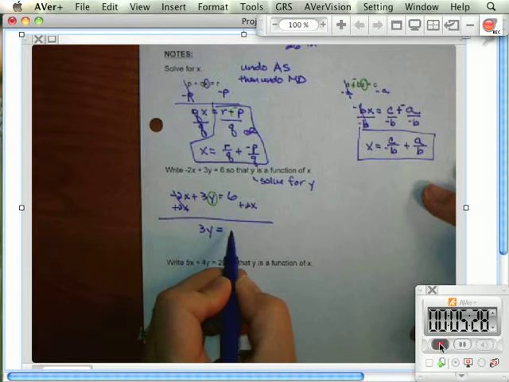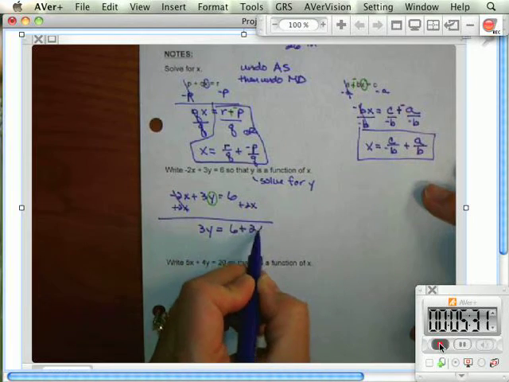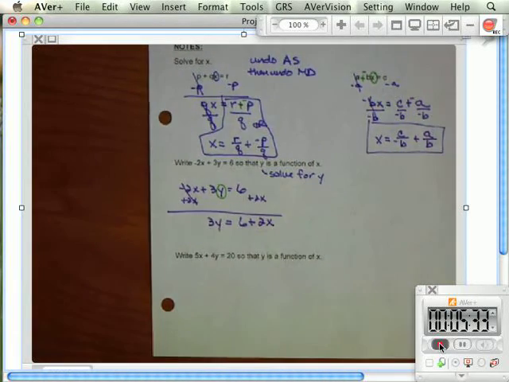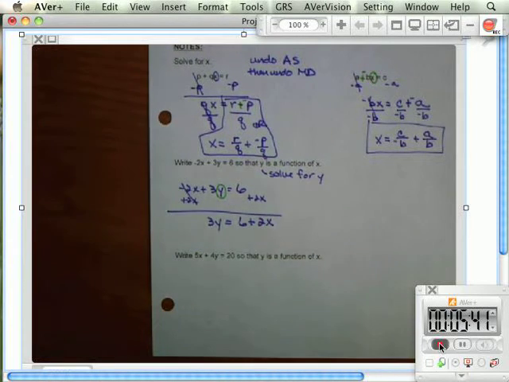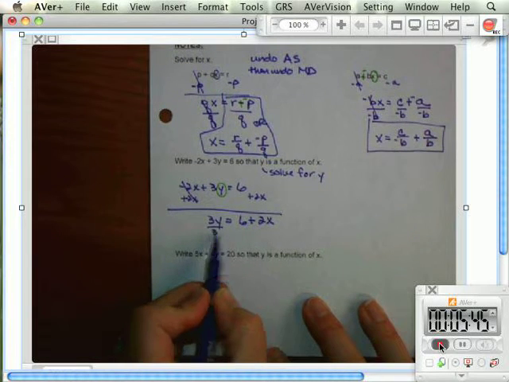3y equals, and I can just write it like this, 6 plus 2x. Do not write 8x. Why not? Why can't we write 8x? Because they're not like terms. You can't add them together. Okay, so now I got to divide everything by 3.